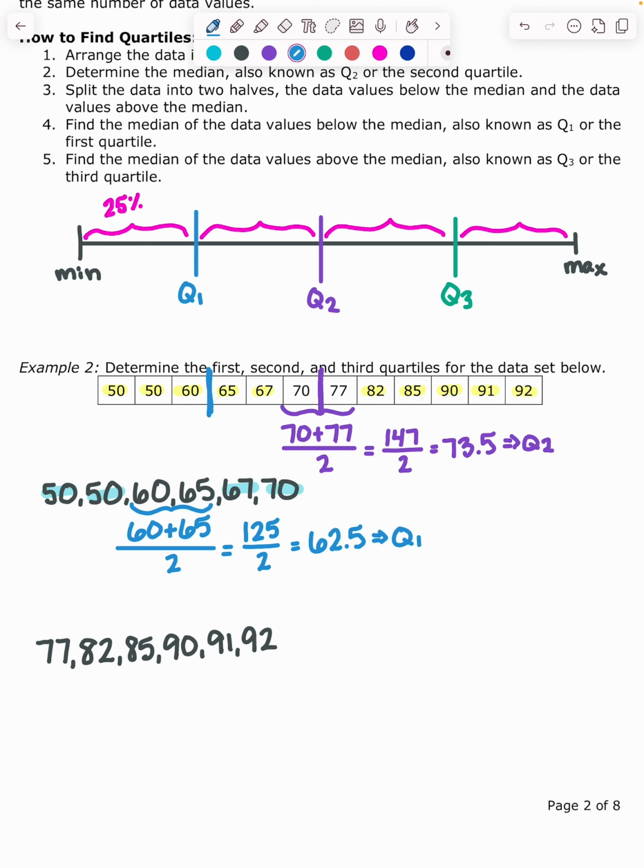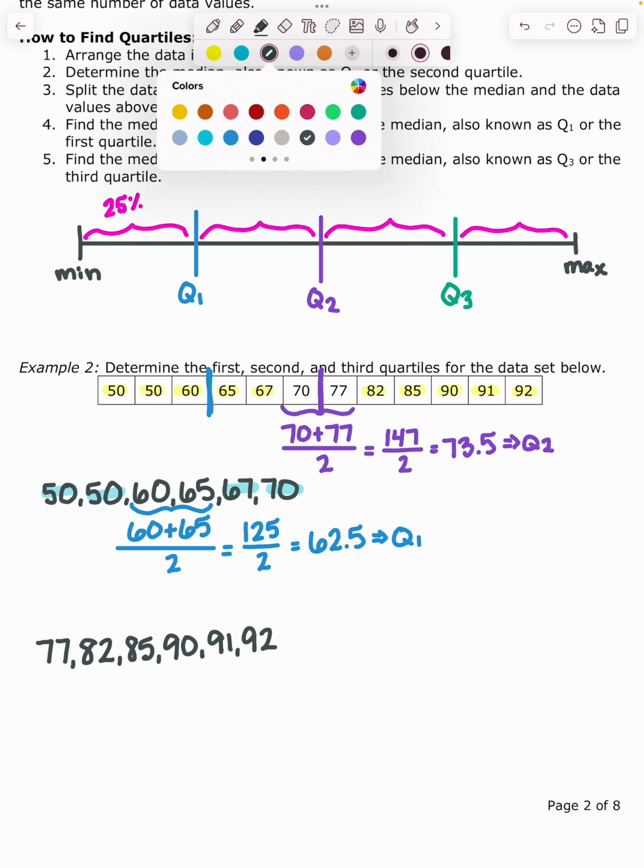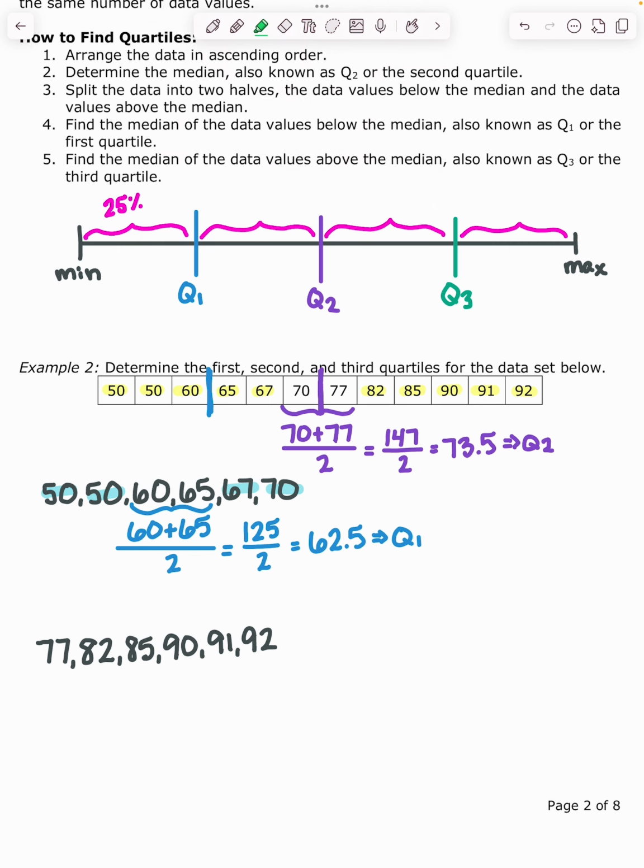And then the last section. All right, this one, and 82, and 91, and then we're left with 85 and 90.